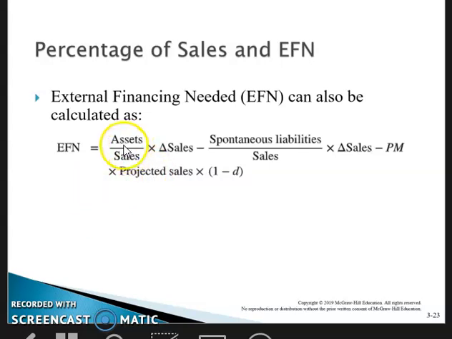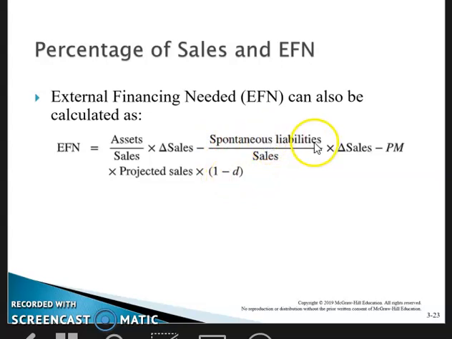So assets divided by sales, times the change in sales, minus spontaneous liabilities divided by sales, multiplied by the change in sales, minus profit margin multiplied by projected sales, and finally multiplied by 1 minus D, with D being the dividend payout ratio.